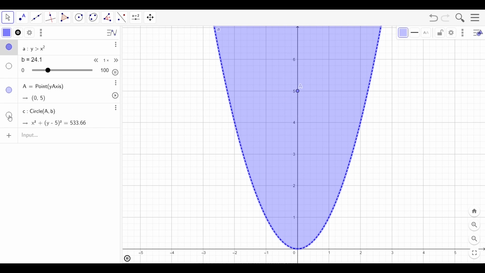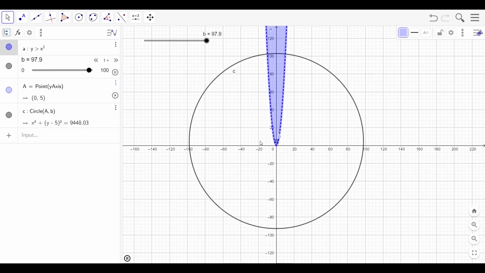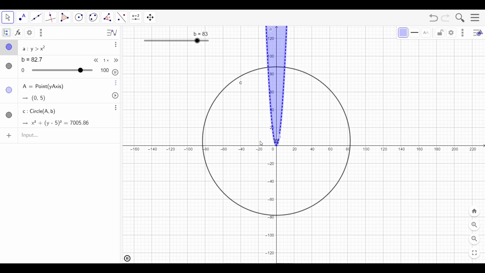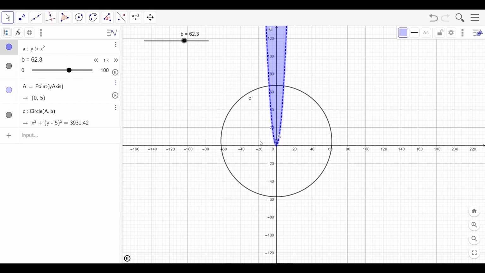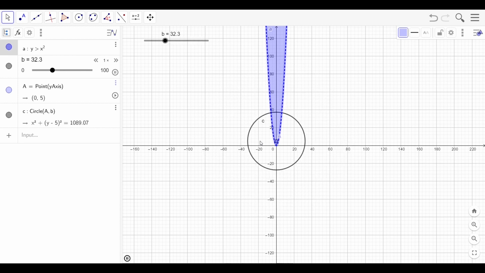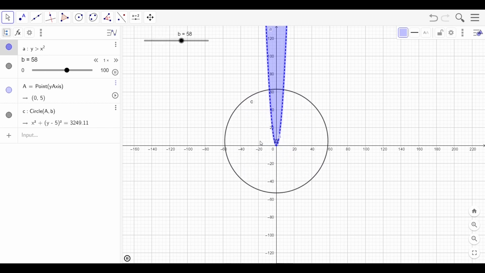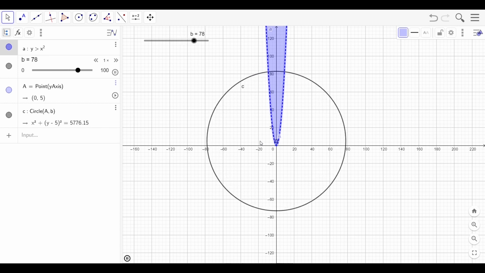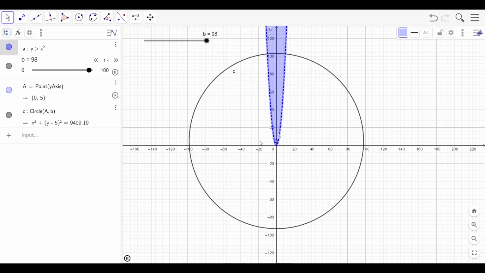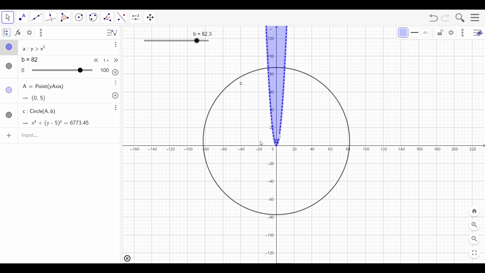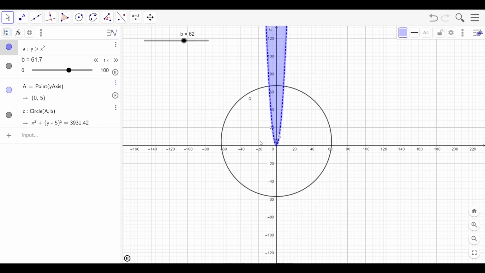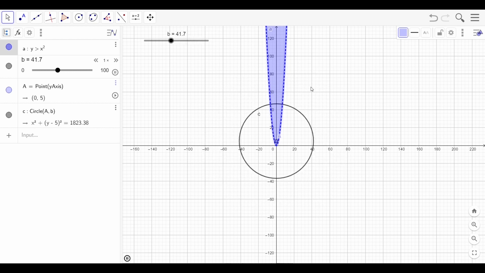So we are considering the disks with center A and radius varying from 0 to 100. No disk can enclose this region completely. So this is an unbounded region. The region y > x² is an unbounded region.